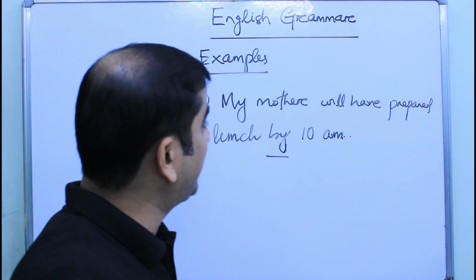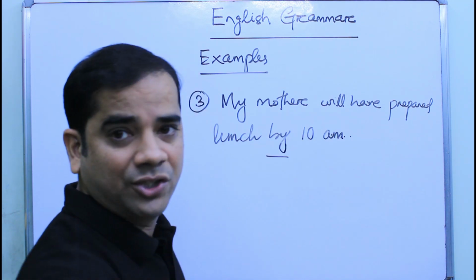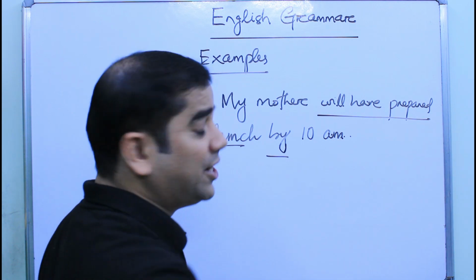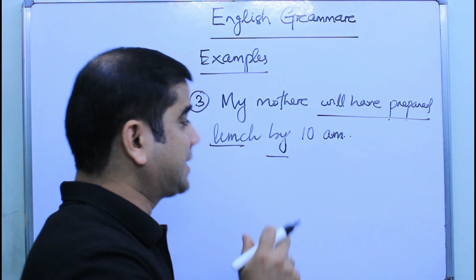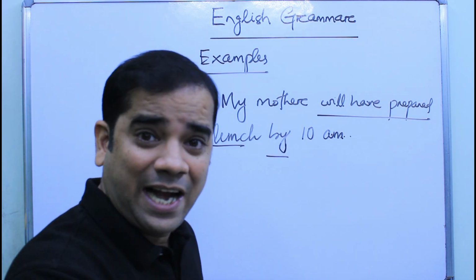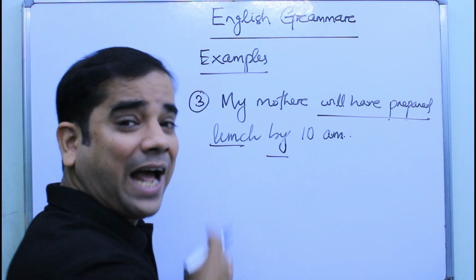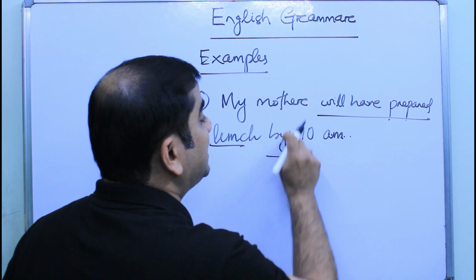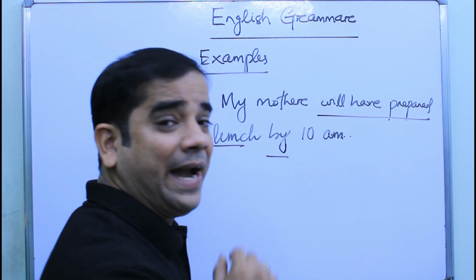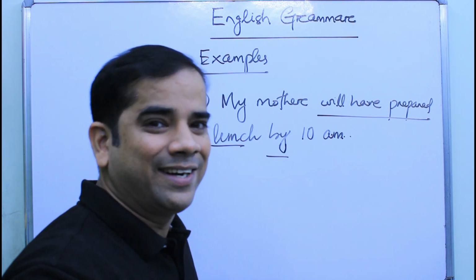What is the action over here? Preparation of lunch. This action is nothing but the past of this time period. 10 a.m. is the deadline, so each moment before that is past of this time. So we have used will have prepared, which is future perfect tense.